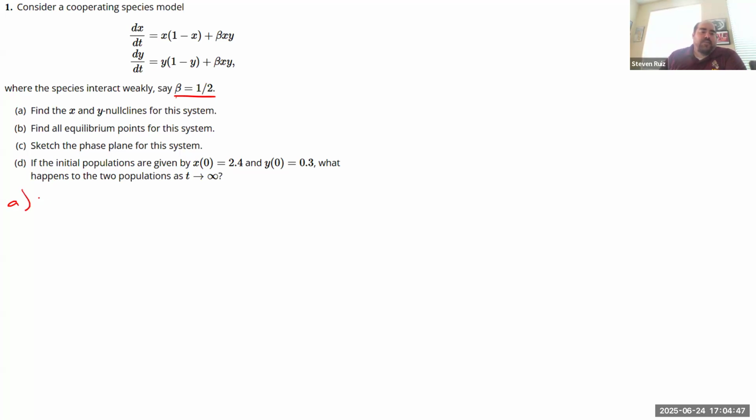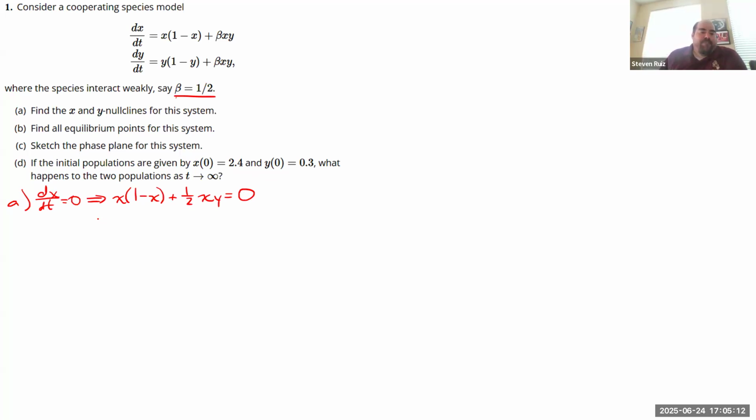different systems individually. So if dx/dt equals 0, then what does that give me? That gives me x times (1 minus x plus beta xy), where we're going to set beta as 1/2, equals 0. I think it would be easiest to isolate y and look at what happens here.